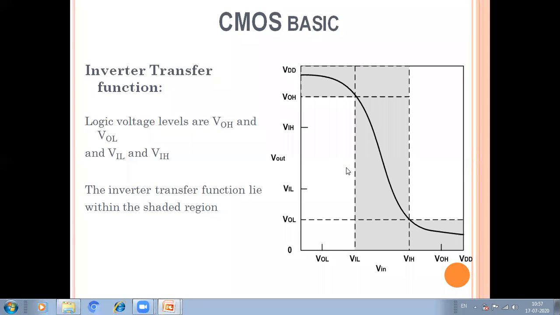With this diagram, we have shown the logic voltage levels VOH, VOL, VIL and VIH. These are the terms we have to understand with the transfer characteristics. The inverter transfer function lies within the shaded region. We will understand this shaded region as well as all the operating regions with the transfer characteristics.